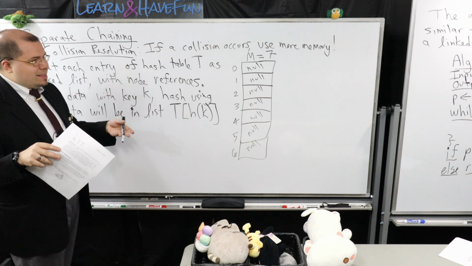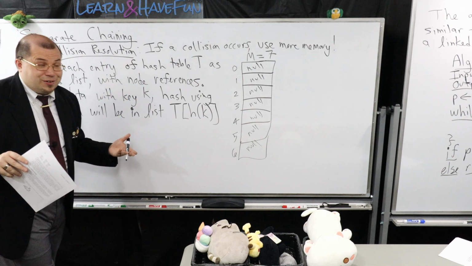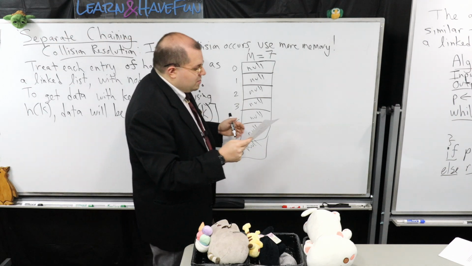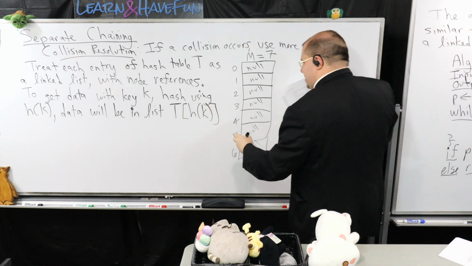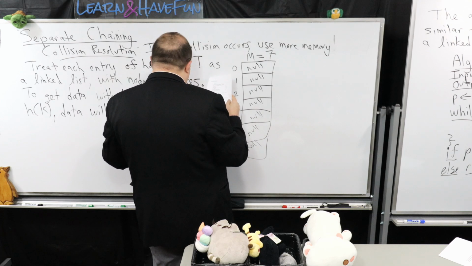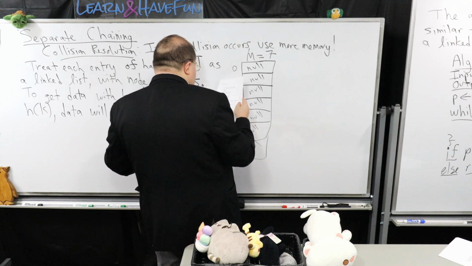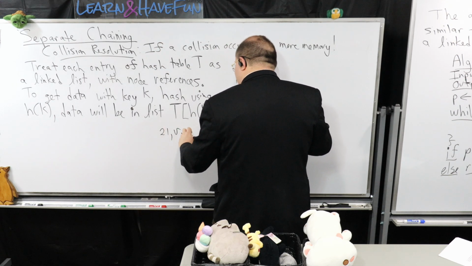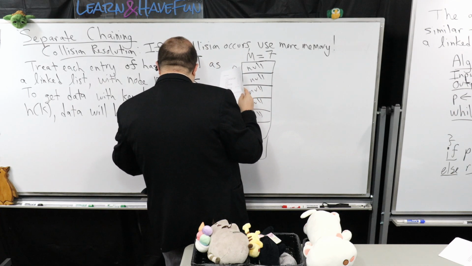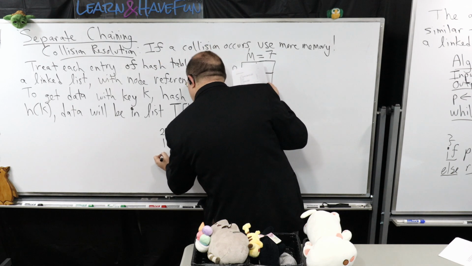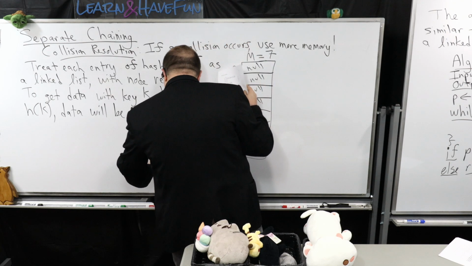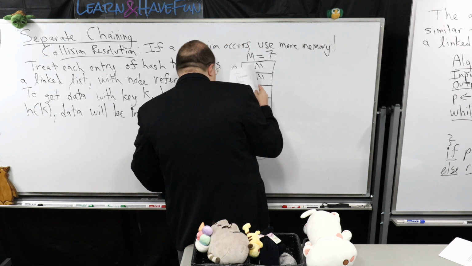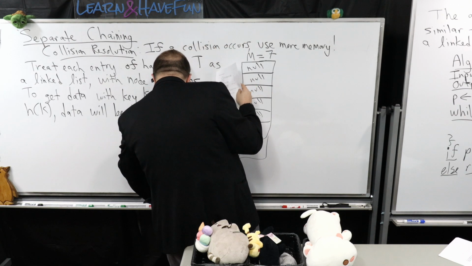Keep in mind, you can take this idea and specialize it even further. So suppose I have some records like this. Let me list them out right here. I'm going to have 21 with a value of V1, 13 V2, 12 V3, 7 V4, and 3 V5.